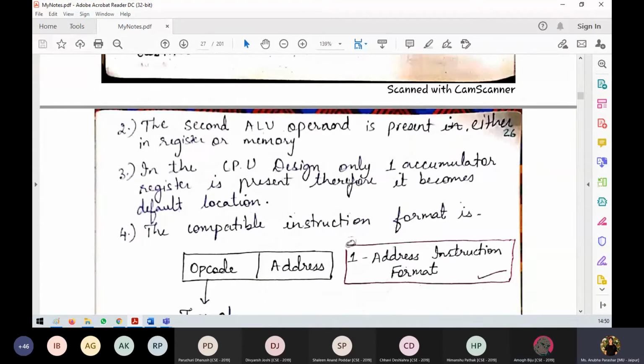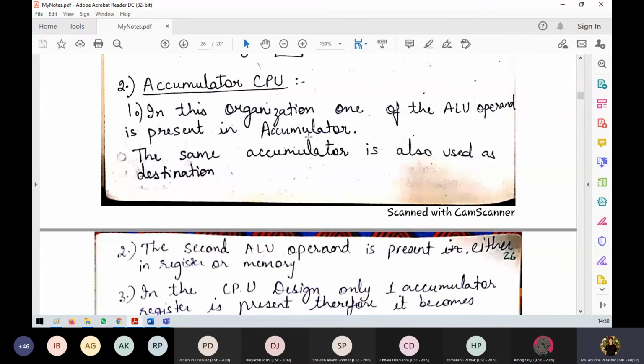See, we'll start again. There are three types. One is stack memory, that we have seen, where during execution from the stack, the data will be taken. That we have seen yesterday. Now we come to the accumulator. For this, I can also show how this accumulator looks in 8085.